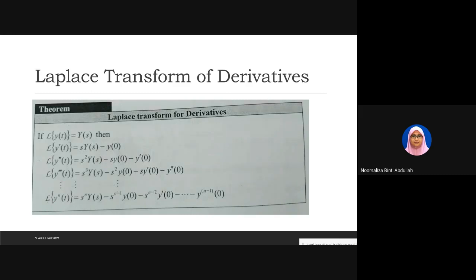If you want to find the Laplace of y kuasa n (t), then it will be s^n Y(s) minus s^(n-1) y(0) minus s^(n-2) y prime(0) until y^(n-1)(0). So this is the Laplace of derivative.